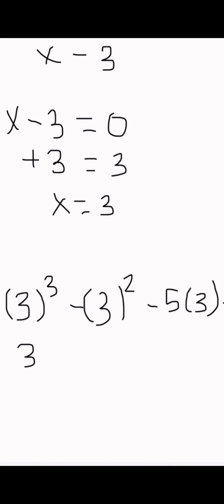And then that will give us 0. Because 3 to the power 3 will give you 27, minus 3 to the power of 2, that will give you 9, and 27 minus 9 will be 18. And then negative 5 times 3 will be negative 15. 18 minus 15 will be 3, and 3 minus 3 equals 0. And that's what we want.